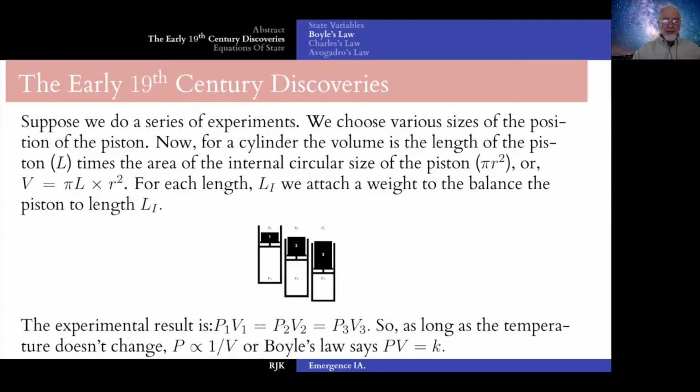And for each of the lengths, we attach a weight to the end of the piston. So this is the idea of the three experiments that we're doing. We have one weight, then two weights, then three weights.